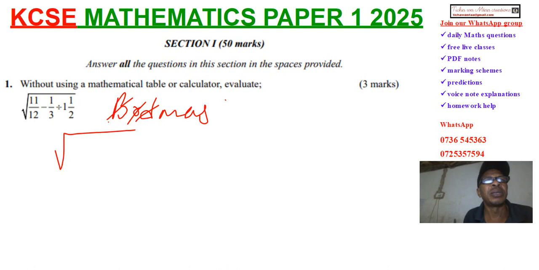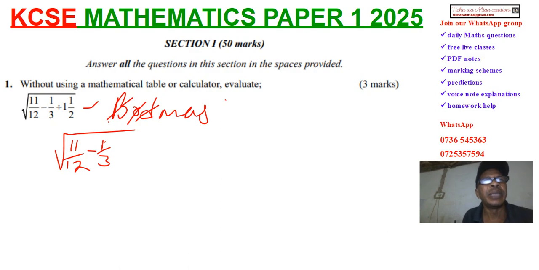So what we do, we can write this expression as 11 over 12 minus 1 over 3, and then we write this 1.5 in improper form.